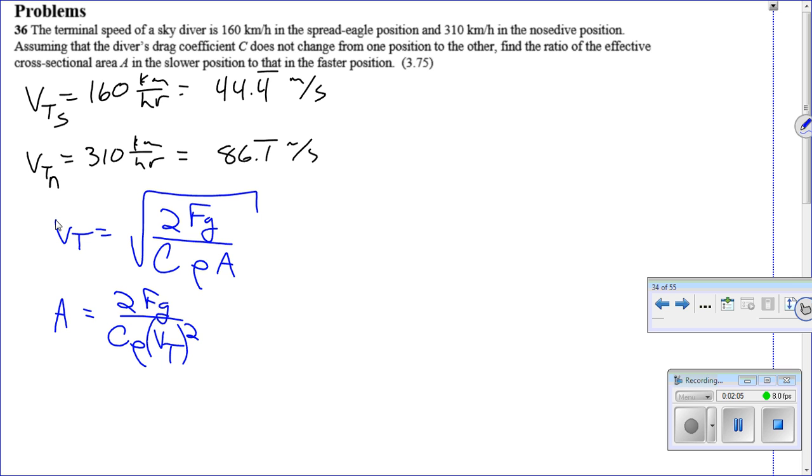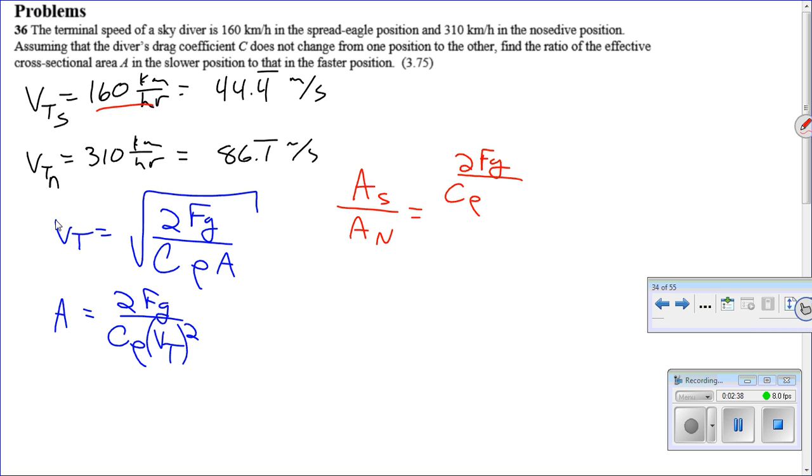Okay. So here's the deal. We're trying to find the ratio between the area in the slower position to the area in the faster position. So I want to find the ratio of the area in the slower position to the area in the faster position.